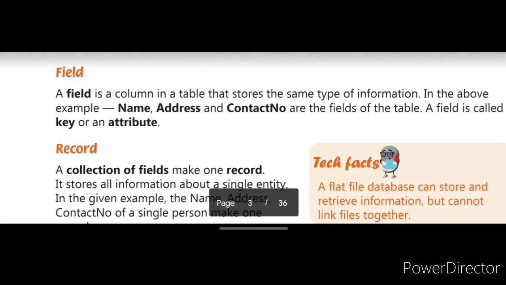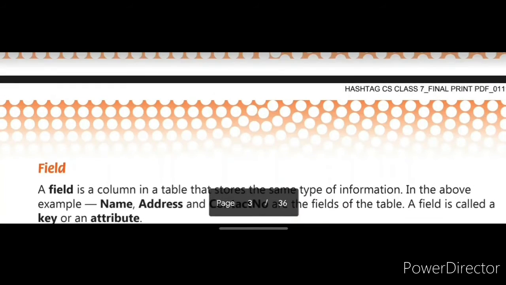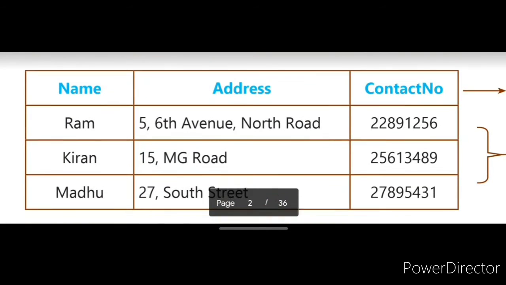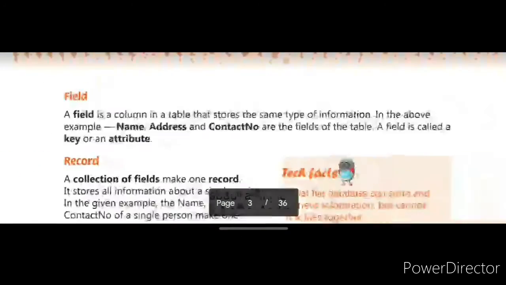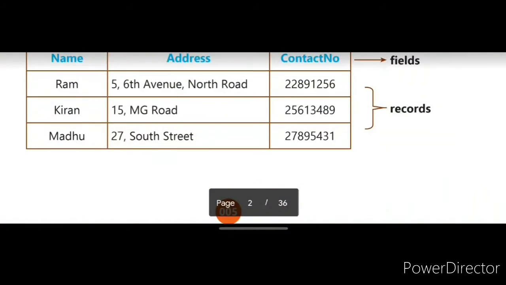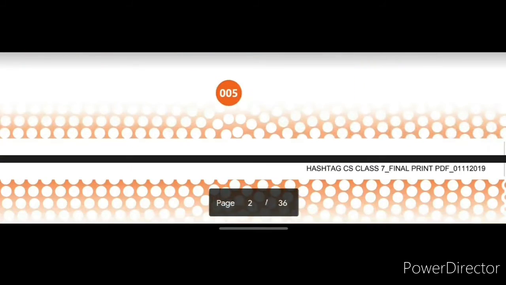See, here we'll be seeing this in detail. So field. A field is a column in a table that stores the same type of information. So in the above example, we have seen, right? Name, address and contact number are the fields. So it is a column in a table. Okay, the horizontal is the row and the vertical section is the column.